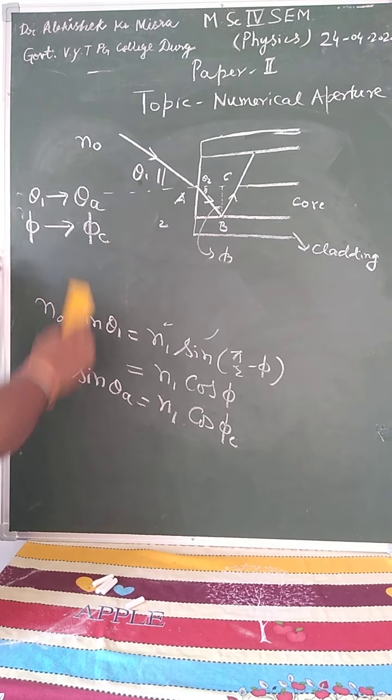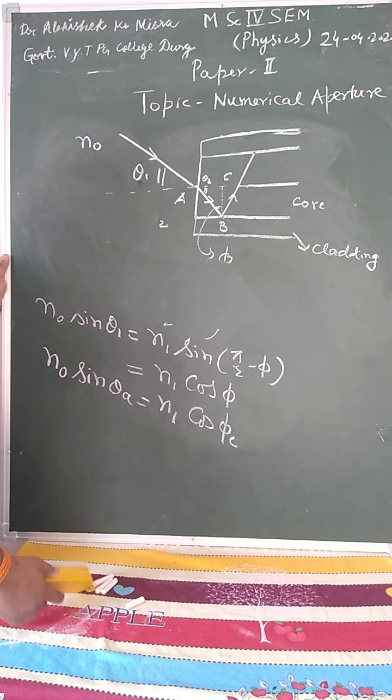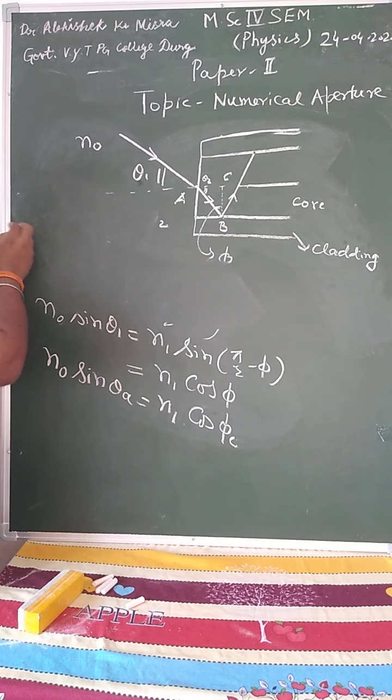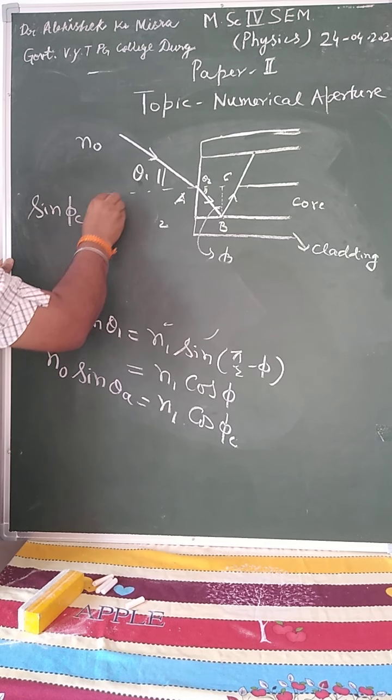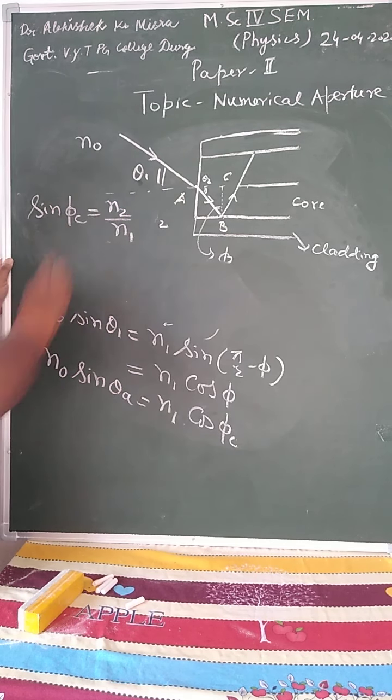Now, at this boundary, we use Snell's law again, which means sin phi c equals N2 upon N1.